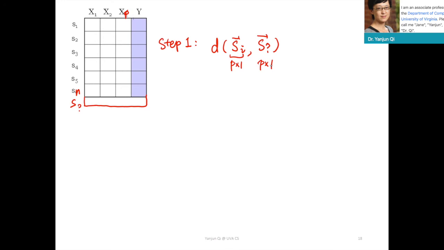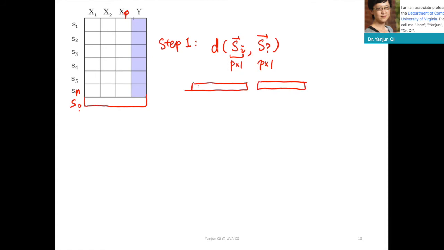You can type in chat. So Euclidean distance or inner product distance, or cosine distance, when you calculate a vector versus another vector, what is the time cost? Please type in the chat.